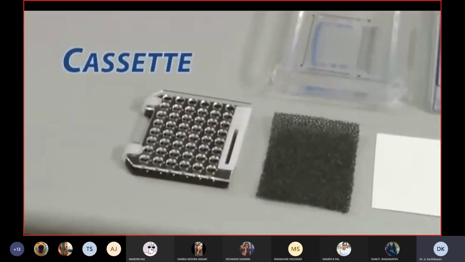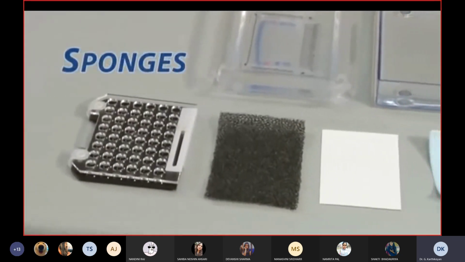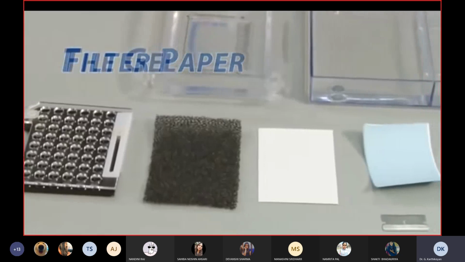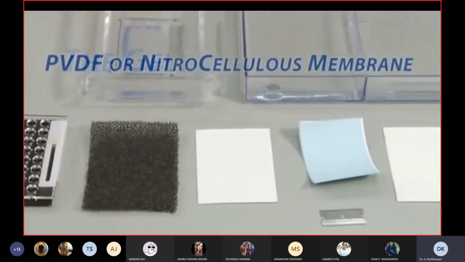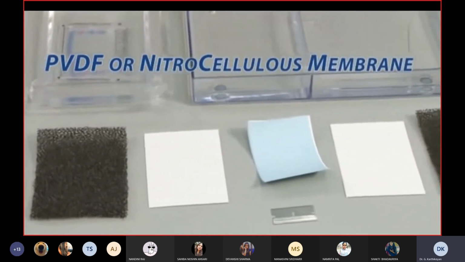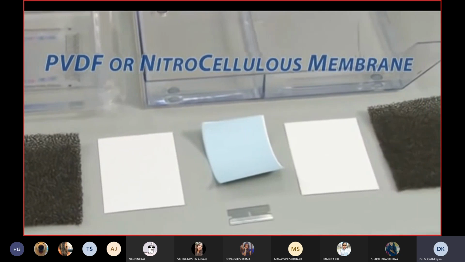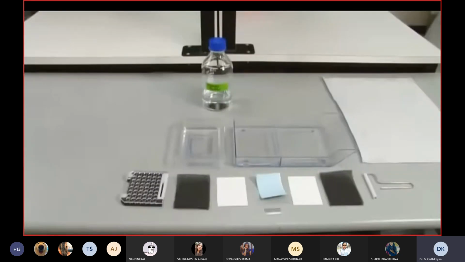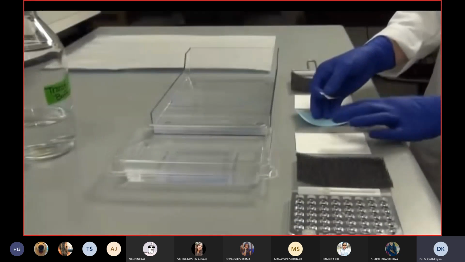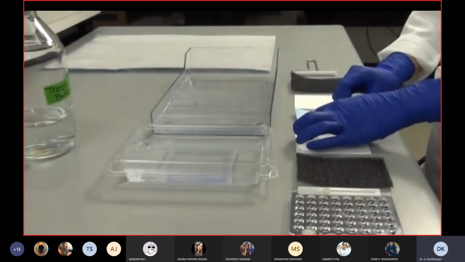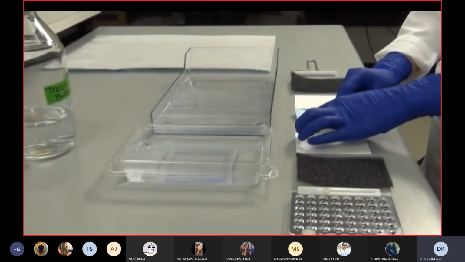To make the transfer sandwich, you will need a cassette, sponges, filter paper, the gel, and your choice of either PVDF or nitrocellulose membrane. PVDF must first be activated by soaking the membrane in methanol for 2 minutes, but other than this, the choice of nitrocellulose or PVDF membranes is a personal preference.